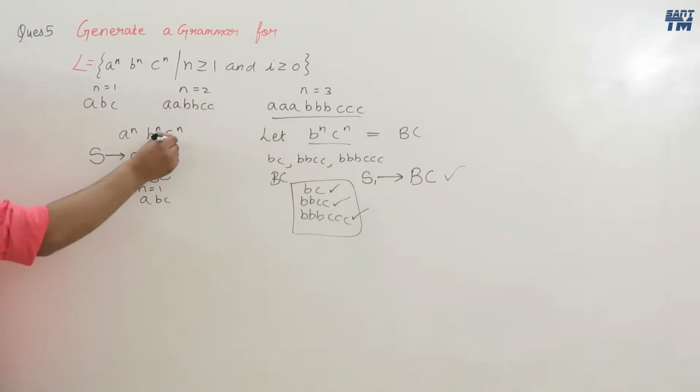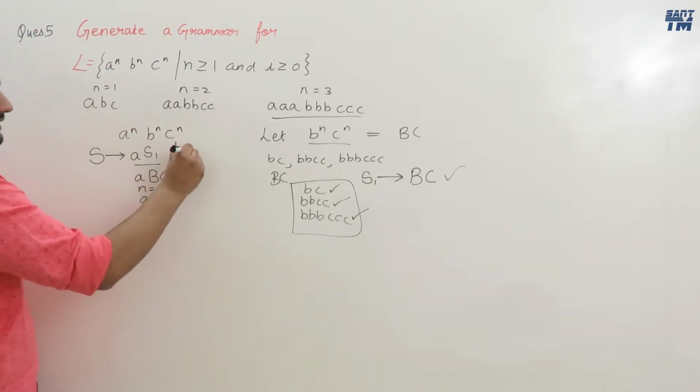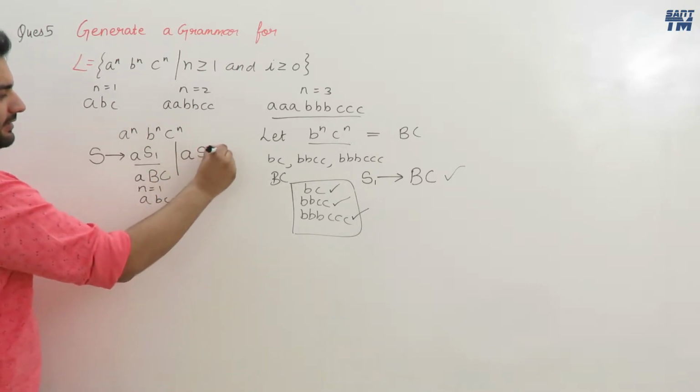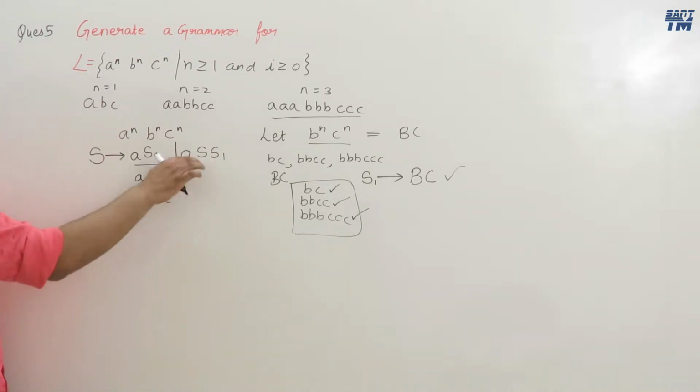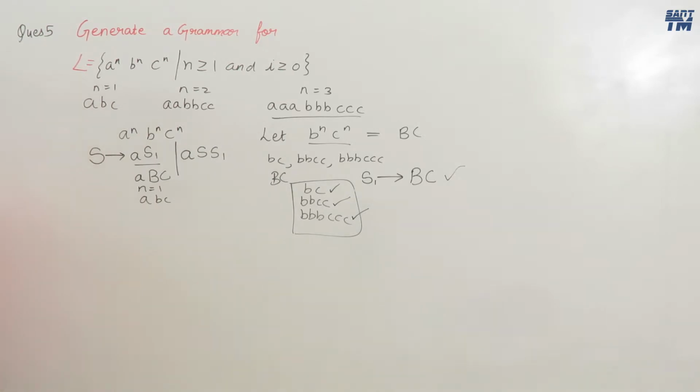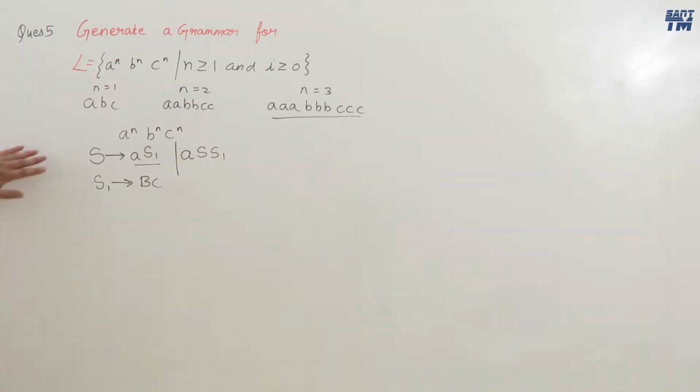Or S can produce a production like A S S1, where we can put recursively any number of A's by substituting A S1 in place of this S, or again substituting A S1 in place of S, so we can introduce recursively any number of A's. I have written both the productions here, one for b^n c^n, and that S1 is used in our main production.